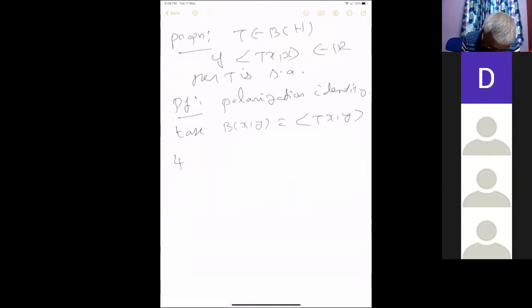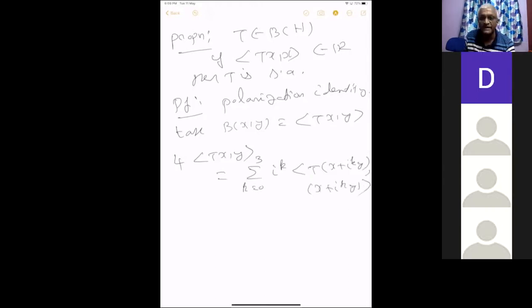So 4 times <Tx, y> equals the summation i power k, k equal to 0 to 3, of <T(x plus i power k y), x plus i power k y>. That's what I get if I apply it to this form, not for the inner product.